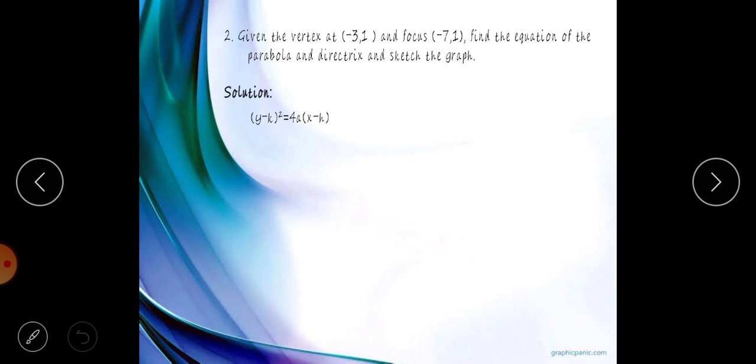So in order for us to identify the value of a, we just need to use the given coordinate. So we just need to subtract negative 7 minus negative 3. So it will come up to negative 4.